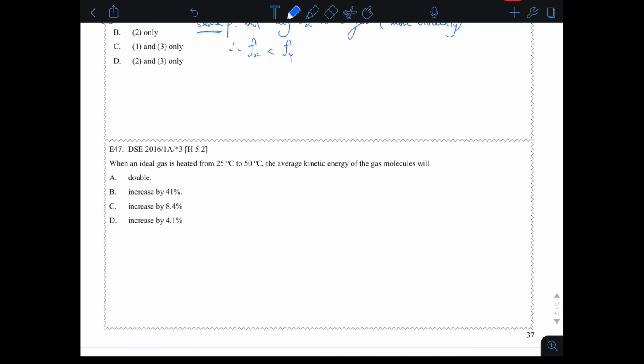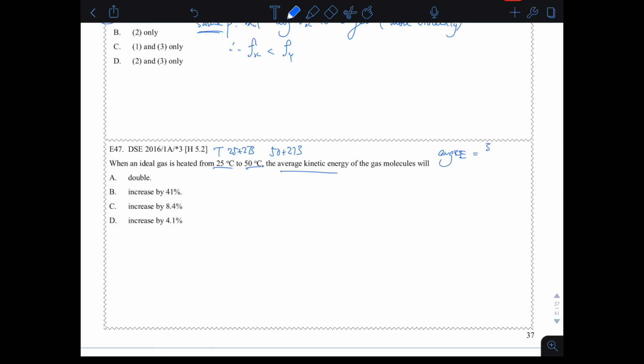Oh, lastly, for this part, for average KE, we have different temperature. T goes to this temperature and then changes to a hotter temperature. Then the change in average KE.